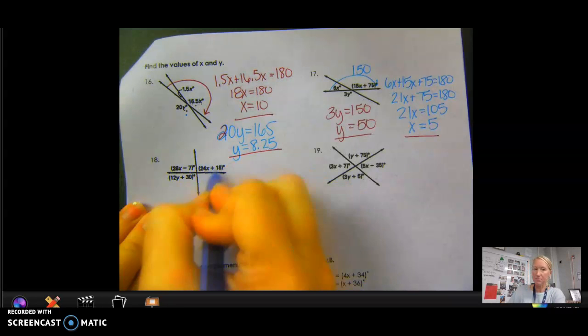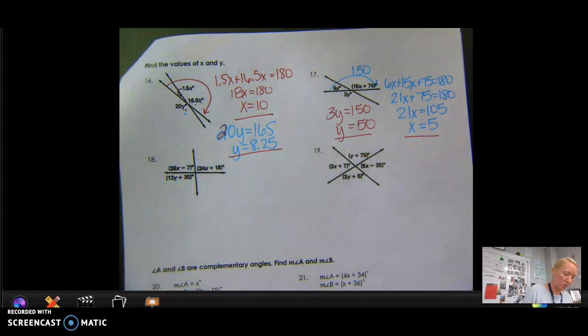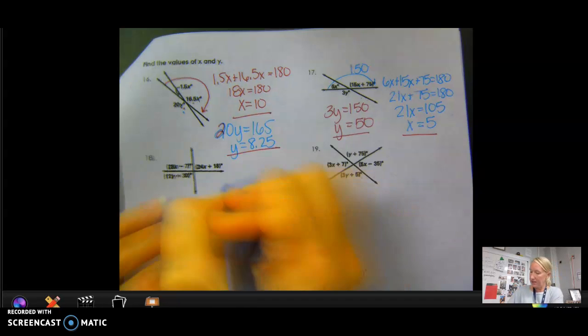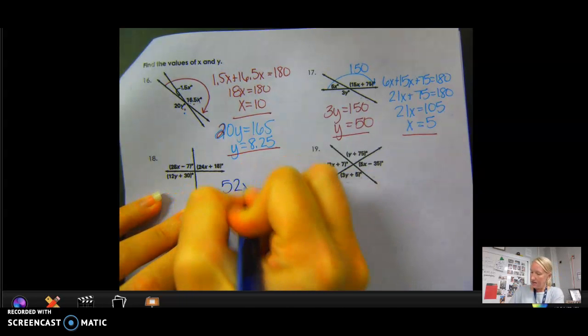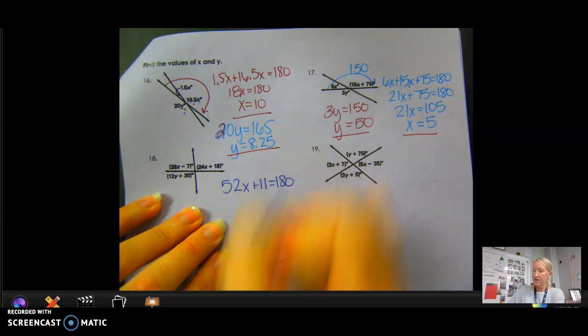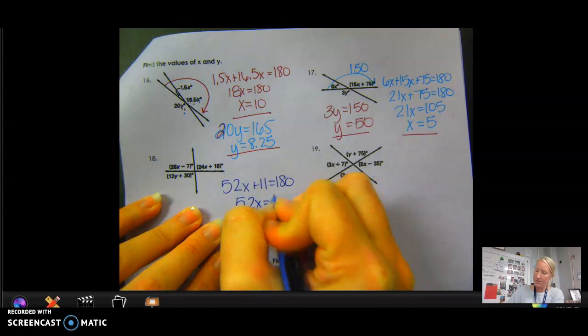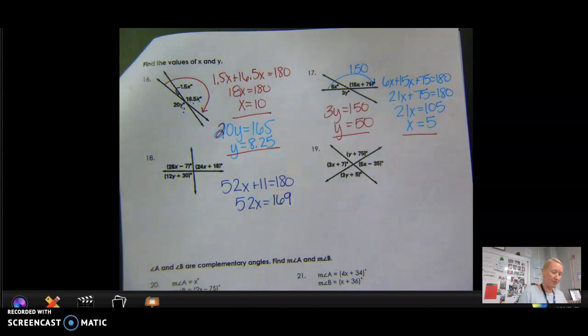Next one, these make 180 degrees. So combine like terms, 28x and 24x makes 52x. 18 minus 7 is plus 11. That equals 180 degrees. I'm going to subtract 11, so I get 52x equals 169. Divide by 52.